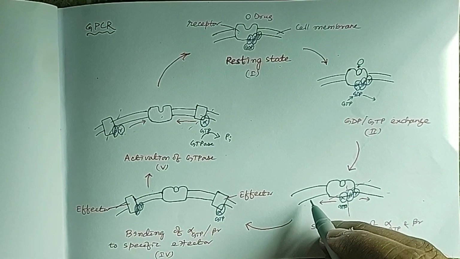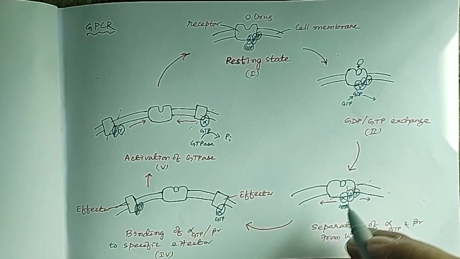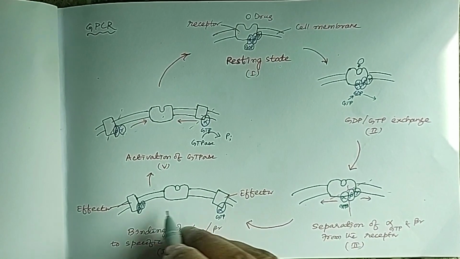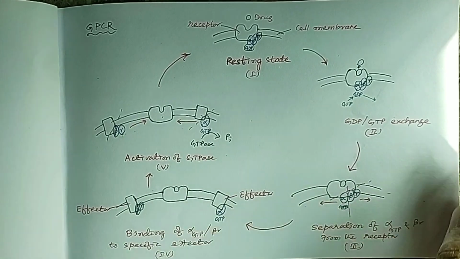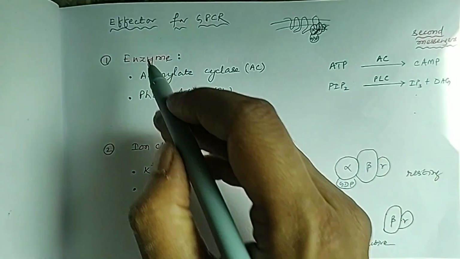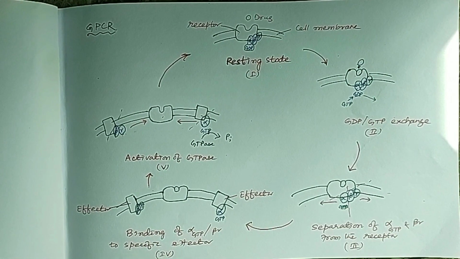They are freely diffusible in the cell membrane and have high specificity. They will bind to specific effectors on the cell membrane, and these effectors can be either enzymes or ion channels. After binding to the specific effector, they will produce their cellular effects.